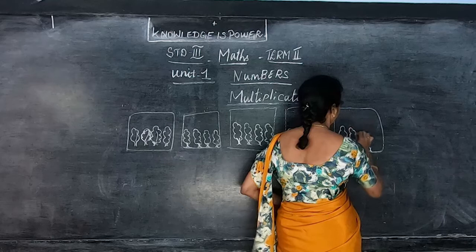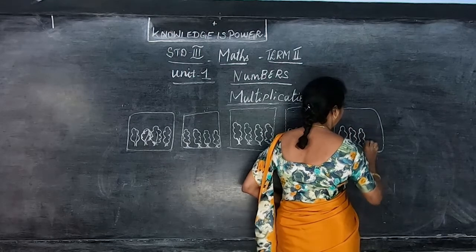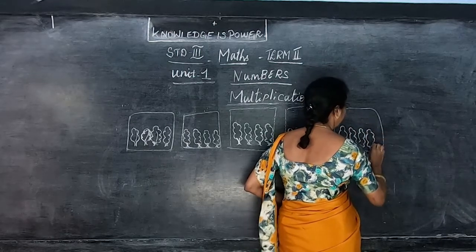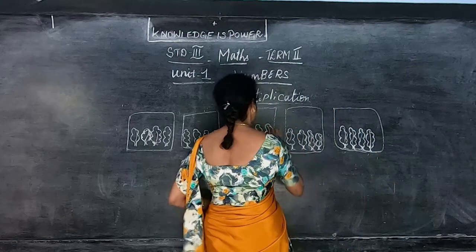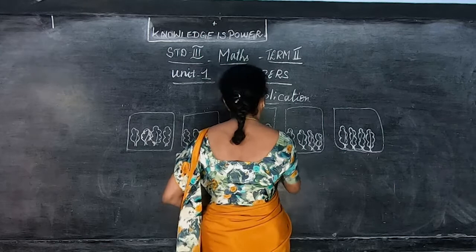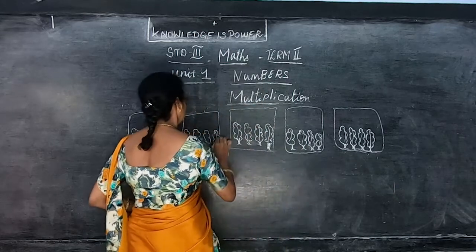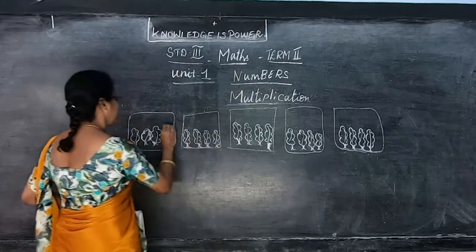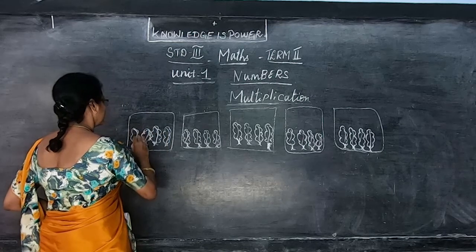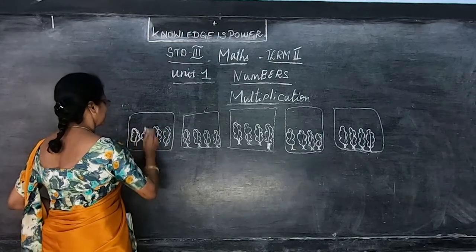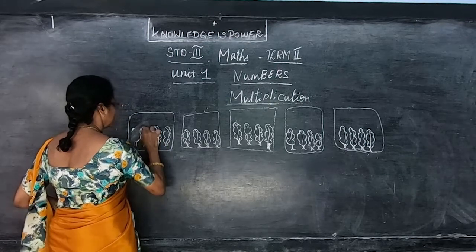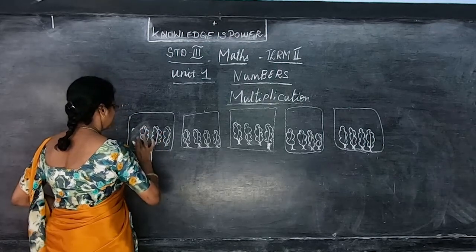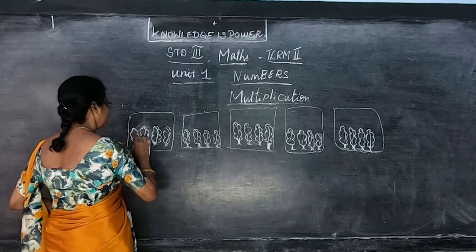So, 4 trees in 5 groups. We can say 5 groups, not 5 boxes. Just like this, you can draw.